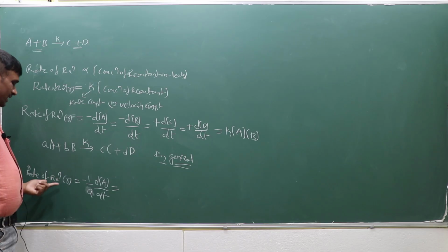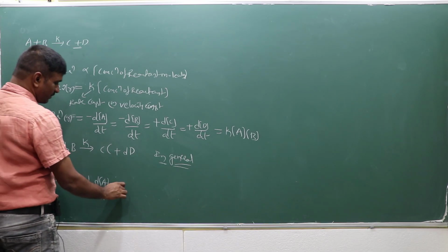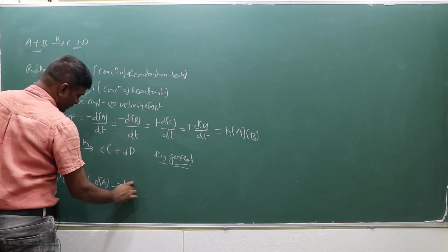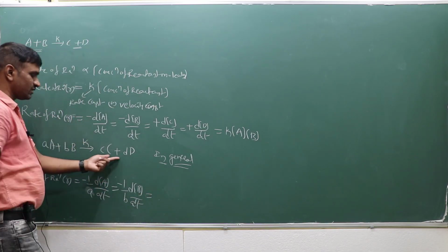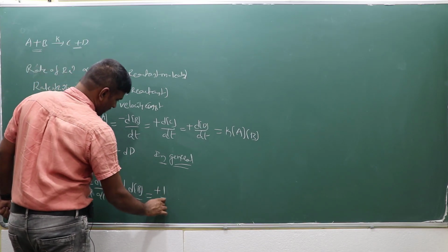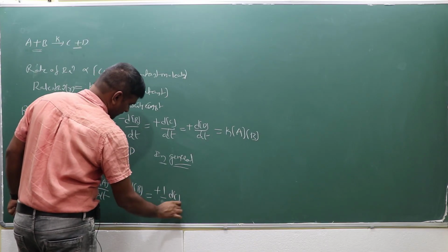So this is the rate of reaction. In the case of the reactant molecule A, minus 1 by a into dA by dt. In the case of B, minus 1 by b into dB by dt. And in the case of product molecule C, plus 1 by c into dC by dt.